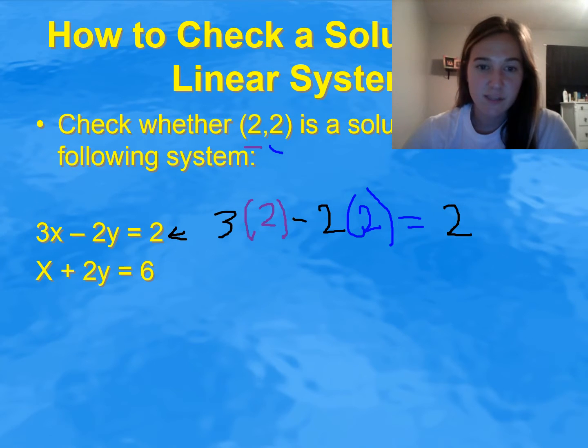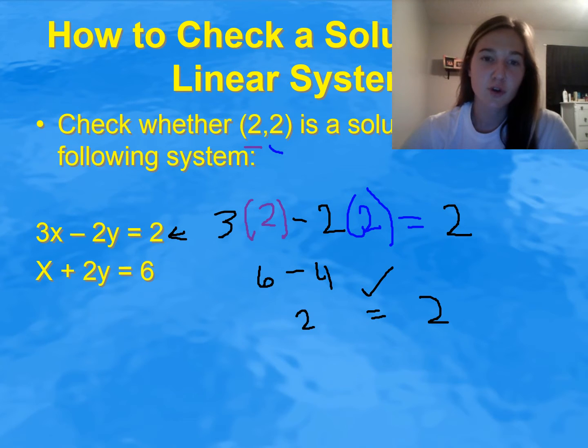Now we just need to simplify. So 3 times 2 is 6, minus 2 times 2, which is 4, and that's 2. Does that equal the 2 on the right side of the equation? Yes, it does. So the ordered pair 2, 2 satisfies our first equation.